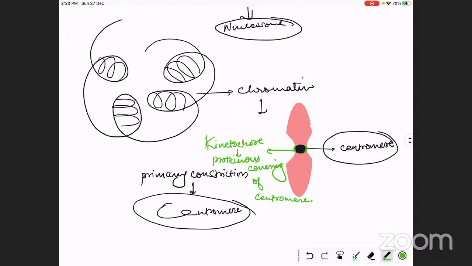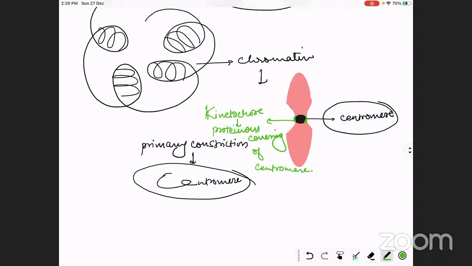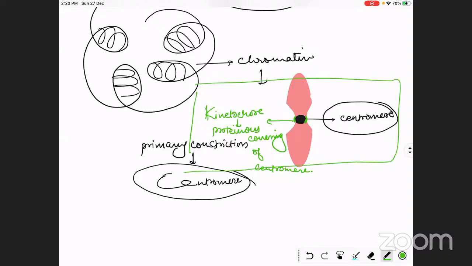Please remember this thing because it is also important in your next chapter. But for now, it is the centromere which is formed due to the primary constriction. Kinetochore is the proteinous disc-shaped covering around the centromere. So it is known as the kinetochore.